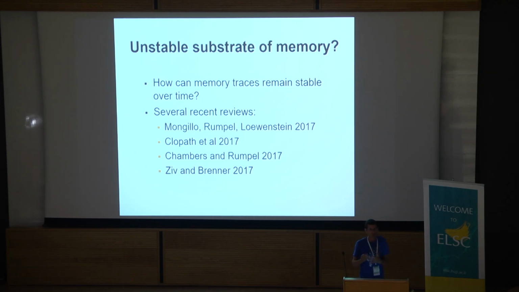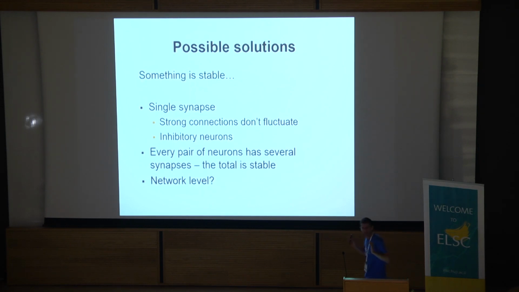Now, of course, we're not the first to consider this. Several recent reviews and quite a lot of work from Jonathan Levenstein discussed this apparent problem and possible ways to mitigate it. And the basic solution is not that magical.